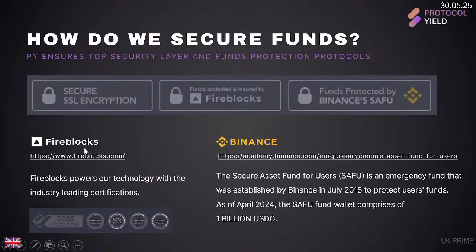Then we have Fireblocks, which empowers with all the industry-leading certificates and provides us the basic infrastructure for asset management. So this is a very professional platform which gives you an ease and convenience of growing your crypto portfolio. And this is 100% passive.